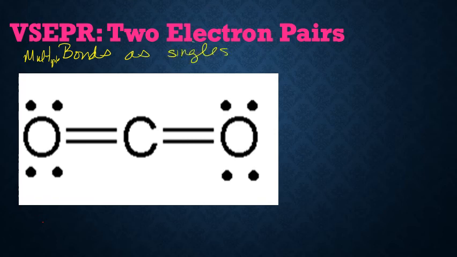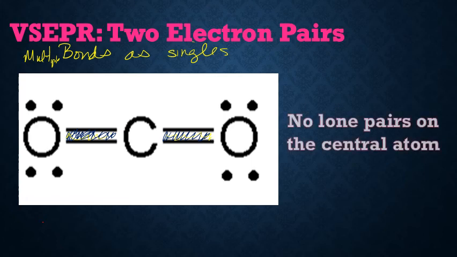So for VSEPR, when I say how many things are on the central atom, you can treat this as if it was 1. So there's 1 thing here and there's 1 thing here, which satisfies the 2 things on the central atom. So here we have 2 things on the central atom, no lone pairs, booyah, the shape, linear.